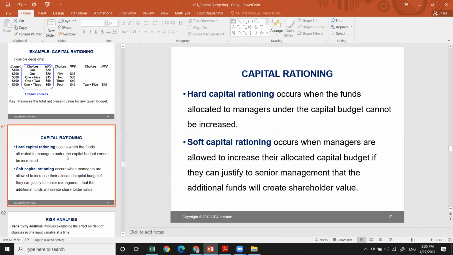So, capital rationing: hard capital rationing occurs when the funds allocated to managers under the capital budgeting cannot be changed at all. Soft capital rationing occurs when the managers are allowed to make some changes to their allocated capital budget, if they can justify to top management that the additional funds will increase the shareholder value.